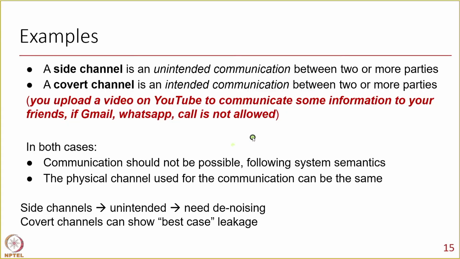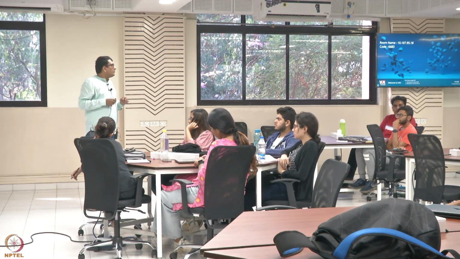So side channel is, let's say there is a crypto library running on your system, and the semantics are still the same. As per the OS semantics or the system semantics, communication should not be possible. But the crypto library doesn't know that someone else is trying to steal my secret key, right? But in case of covert channel, it's actually intended. The other application has knowledge that there is another application who is trying to send information to me. Is this clear? Okay.